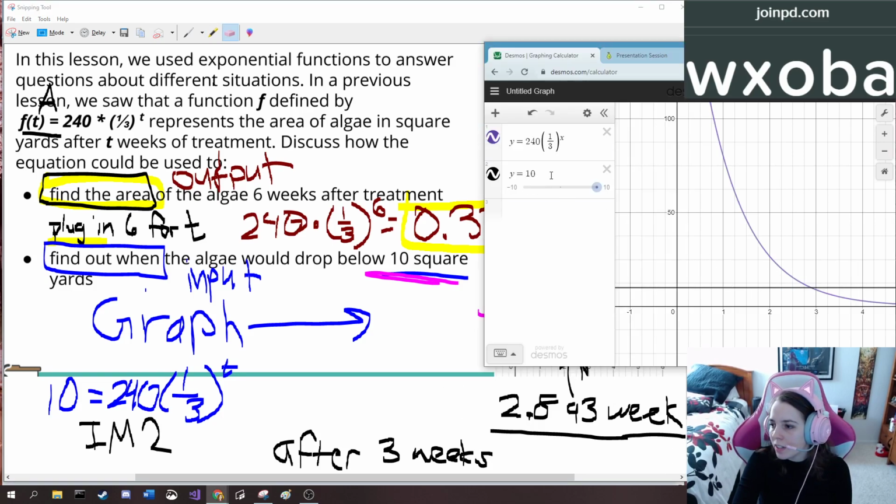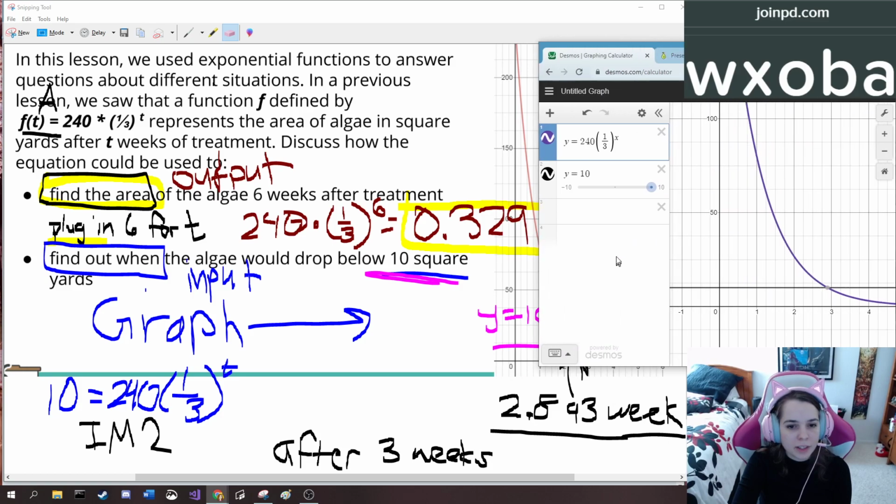So if you're given a graphing calculator and you want to find when, you can graph your equation, put y equals 10, and then find the intersection point, and it'll tell you exactly the input, the x value, you're looking for.